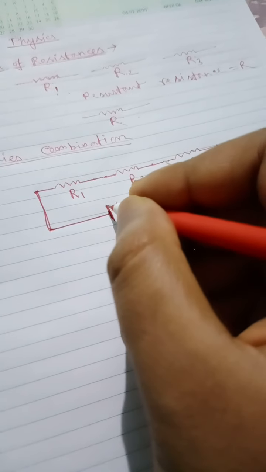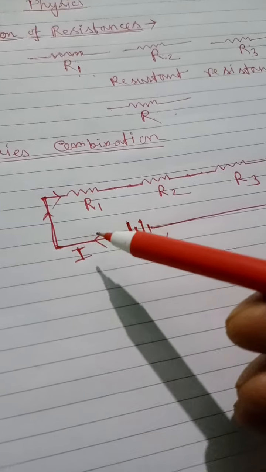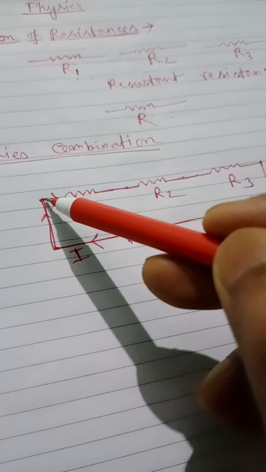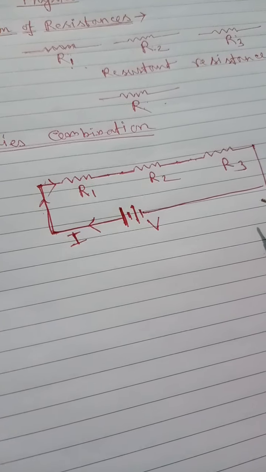Now when we connect this electrical circuit, a current starts to flow from the positive terminal. Suppose current I starts to flow. When the current reaches this point, there is only one path for the current to flow.